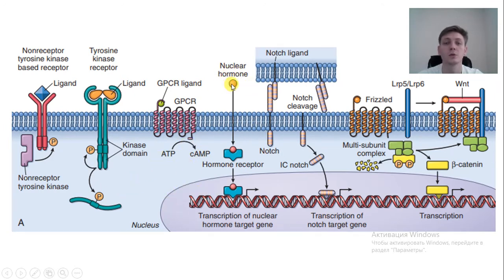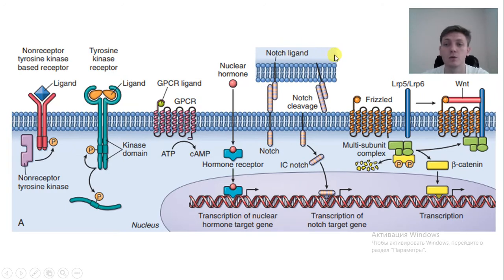Also, before we discussed the nuclear hormone, which passes through the lipid bilayer and enters the cytoplasm, where it meets the hormone receptor inside the cytoplasm or on the surface of a nucleus membrane, and it activates or deactivates the transcription factors, but somehow it changes the genetic expression.